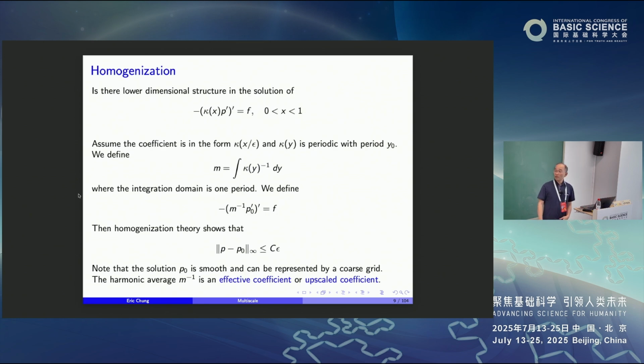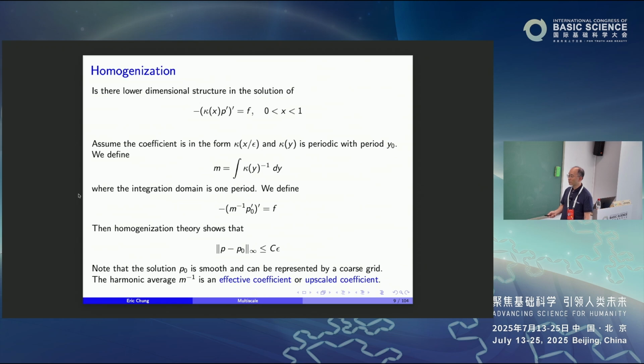One way to deal with this problem is to consider classical homogenization. For the same equation, if you know that the coefficient kappa is periodic, then you can define an effective constant m, that is the harmonic average of this coefficient. Then you approximate the original equation by this homogenized equation, where m is a constant.